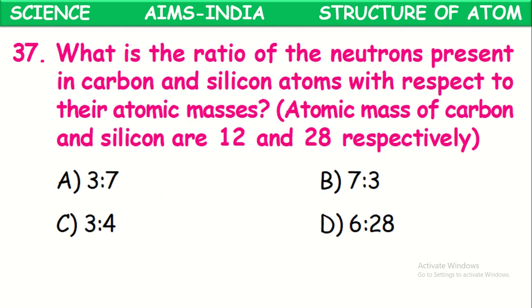Okay. Next. What is the ratio of neutrons present in carbon and silicon atoms with respect to their atomic masses? They are asking to find the number of neutrons. Their atomic masses are given. We know the atomic number of carbon is 6 and the atomic number of silicon is 14.